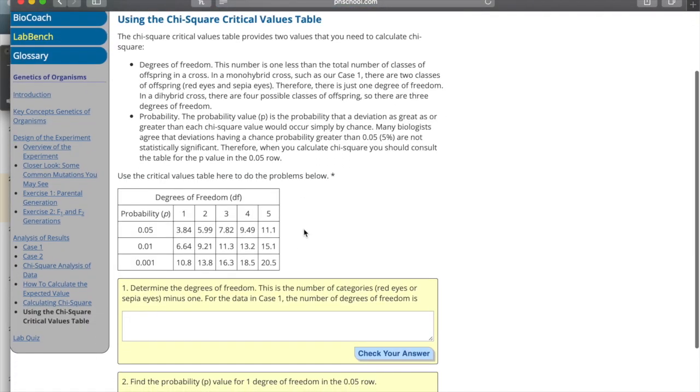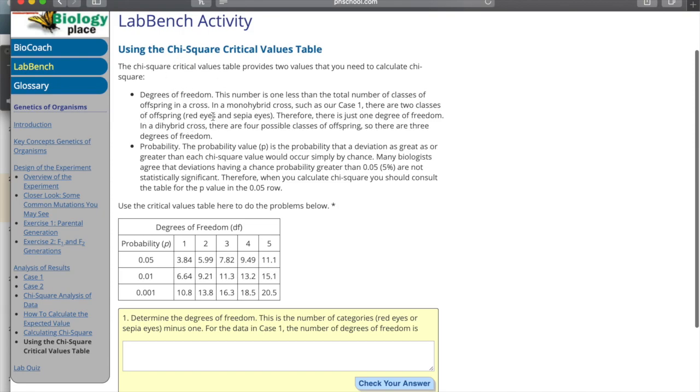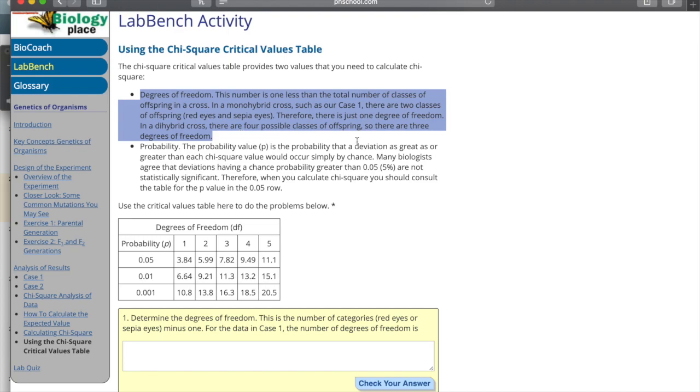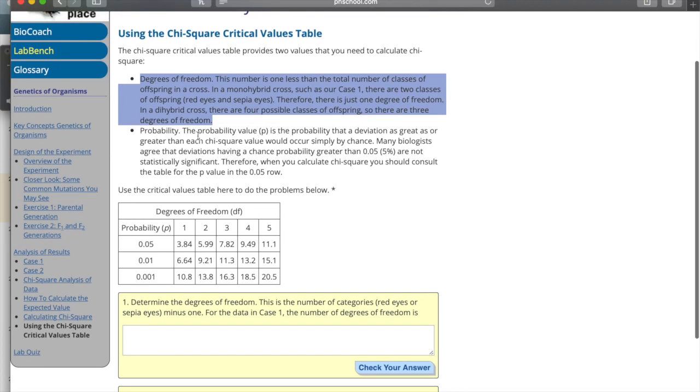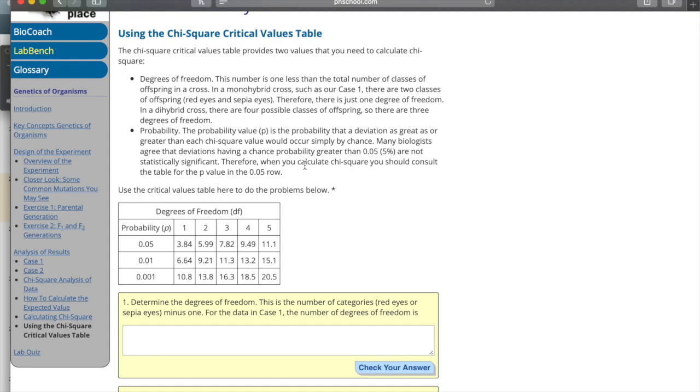All right, and now again, this is reviewing some of the stuff that we already looked at. Degrees of freedom, we already know it's one less than the total number of classes or outcomes. And then the p-value here as well. And I'll read through their definition just so you can maybe get a little bit of a better picture. So the probability value is the probability that the deviation as great as or greater than each chi-square value would occur simply by chance.